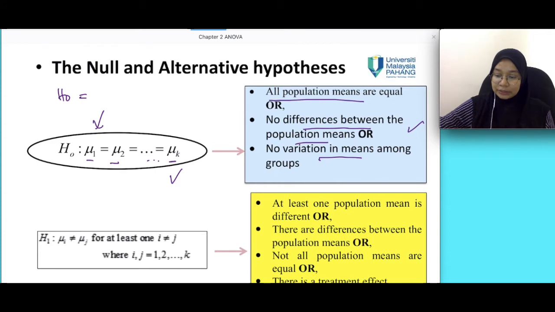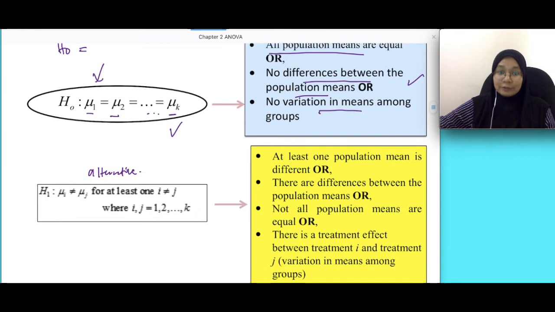If H null is equal, how about H1? H1 is the alternative, so if H null is equal, H1 is not equal. mu i is not equal to mu j for at least one pair.